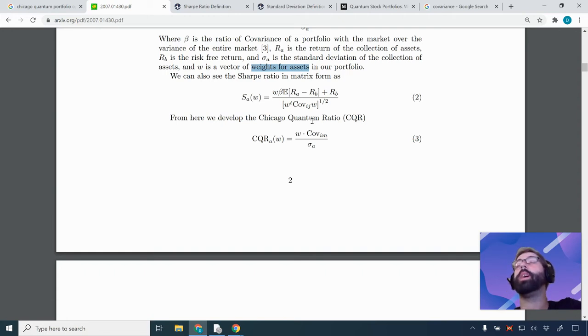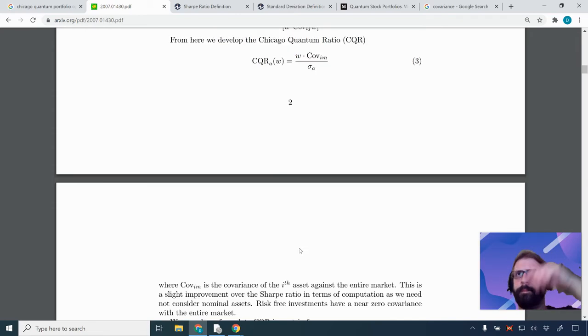So if an asset is almost risk-free, the Sharpe ratio will actually be really small. Exactly. And here with the Chicago quantum ratio it's the same. Because if it's almost risk-free, then you're going to have covariance close to 0, and so the CQR will actually be close to 0. Okay. I think it makes sense.